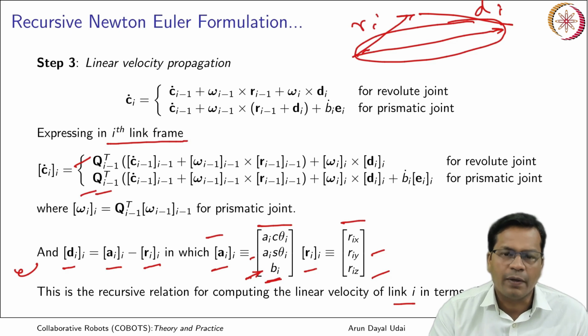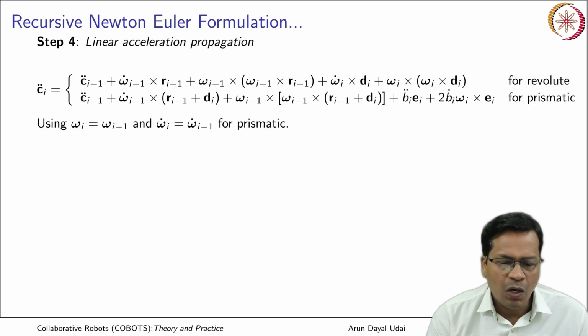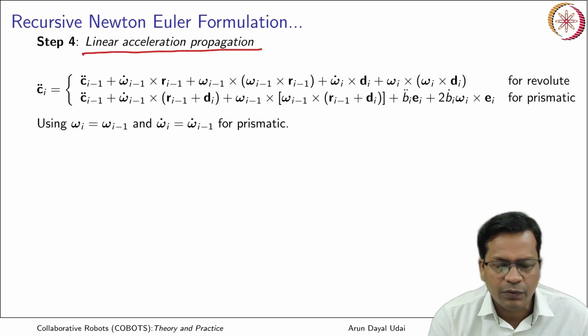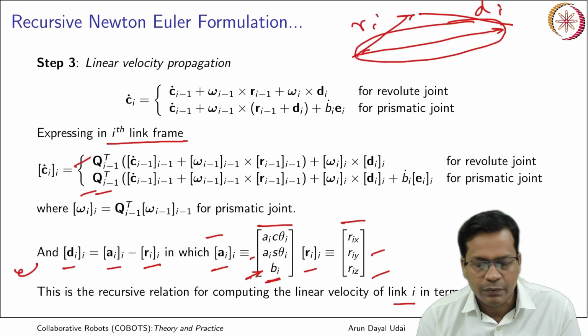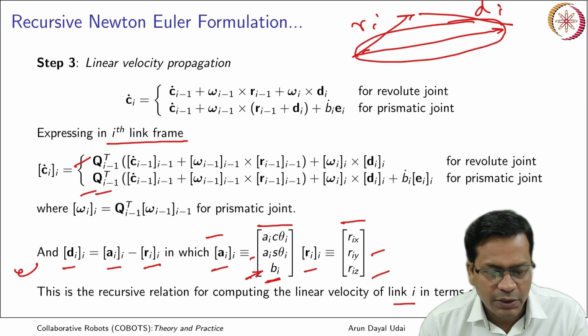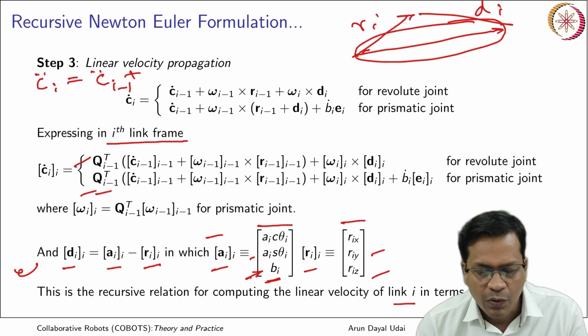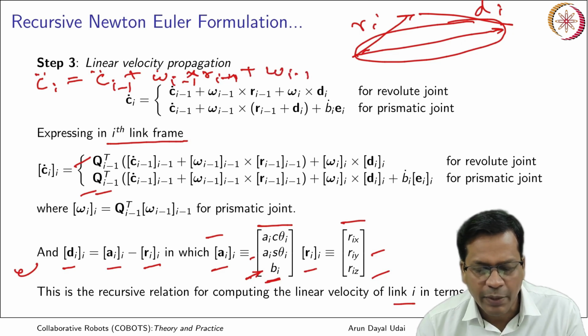Okay. So, now acceleration propagation, this is very simple, you just have to take the derivative of whatever was here. So, let us take it. So, C i double dot equals C i minus 1 double dot plus omega i minus 1 dot cross Ri minus 1, that is trivial, plus omega i minus 1, and what will be Ri minus 1 dot?